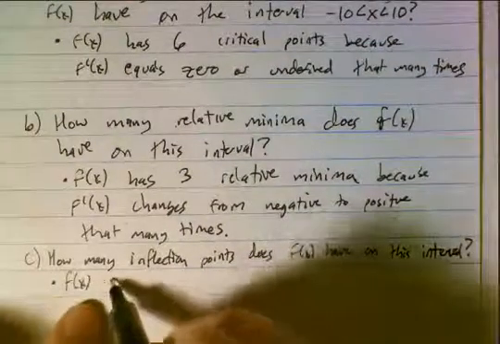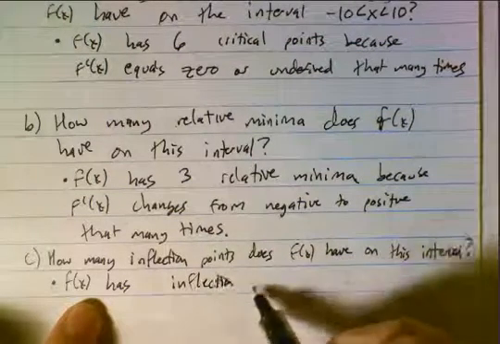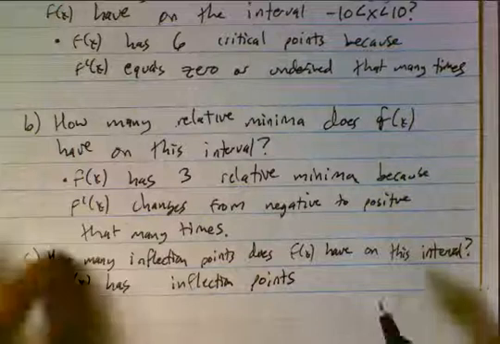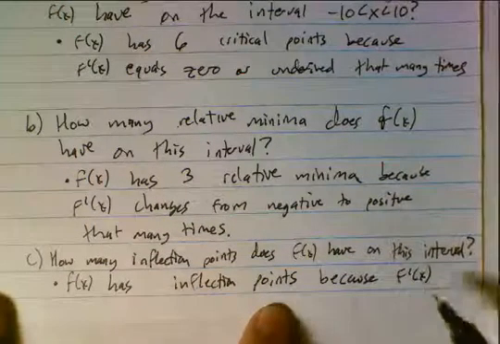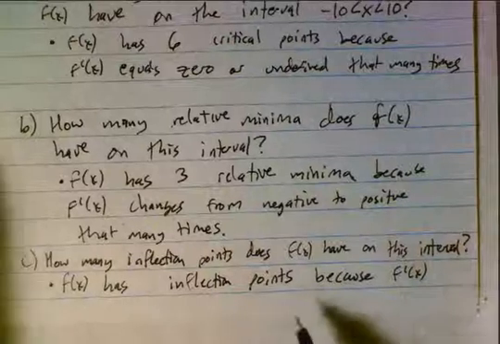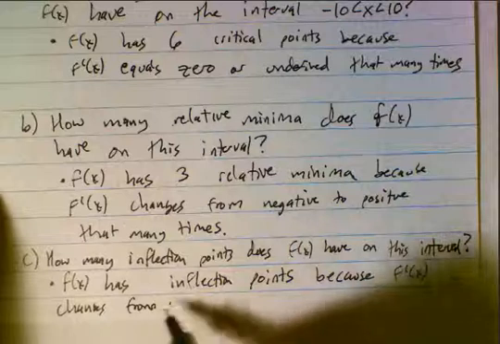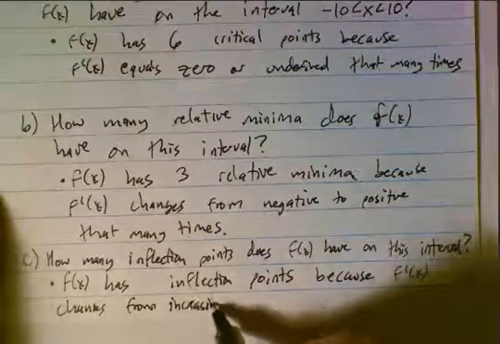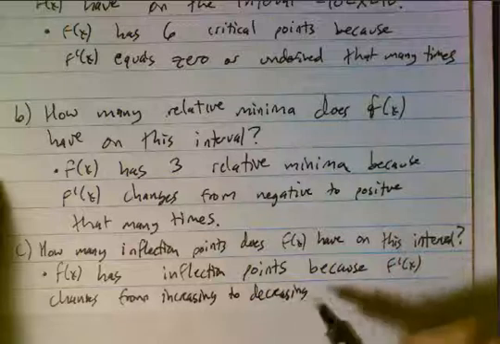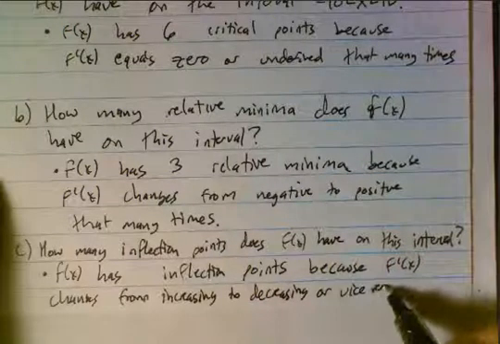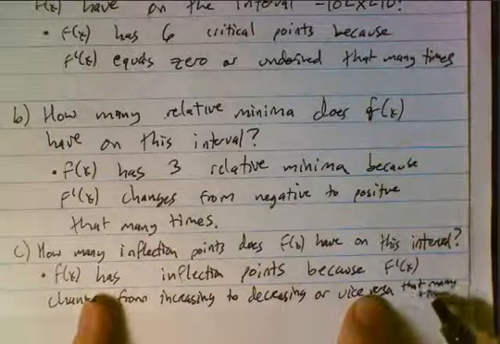I'm going to say f of x has blank number of inflection points because f prime of x, and if we remember our chart, inflection points happen when f prime of x changes from increasing to decreasing, or vice versa, that many times.